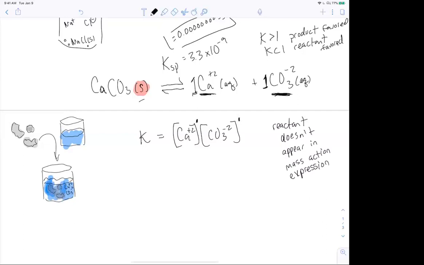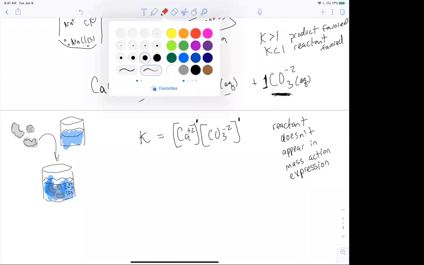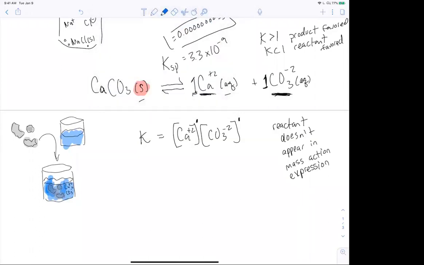And that's because it's a solid, and remember, solids and liquids do not appear. We only look at things that are either gases or aqueous. So these things over here are aqueous, that's why they appear. If it's a solid, it doesn't enter into the expression for K.